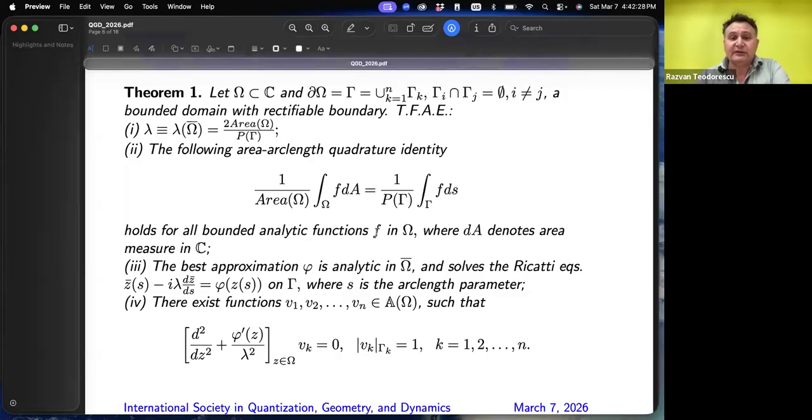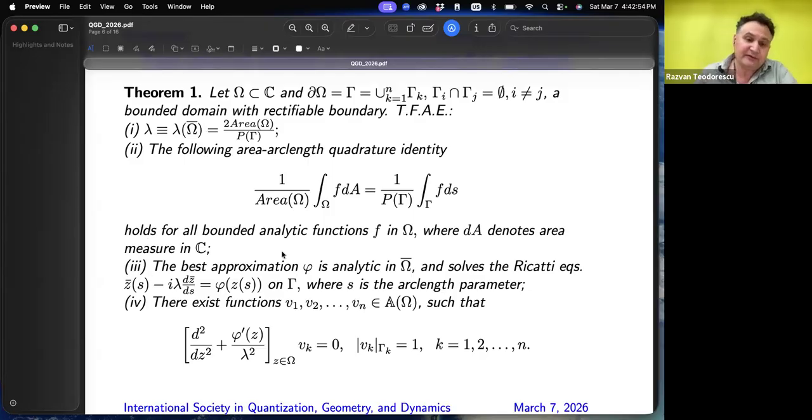with the finite number n here of boundary components denoted by gamma k, gamma i, gamma j, with the rectifiable boundary. So what's important in this list of equivalent results basically is the reformulation through items 3 and 4.